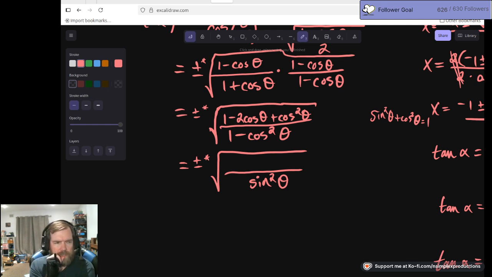I'm not seeing an easy way out of this one, especially since sine should be, according to this, in the numerator. It's a little bit odd to me. I did sine over cosine.